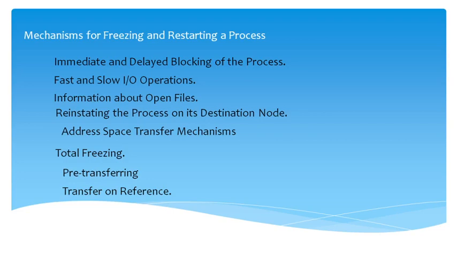All those details will be transferred to the destination node. And here we will have a method of freezing while transferring the address space. These freezing mechanisms are of three types: total freezing, pre-transferring, or transfer on reference.